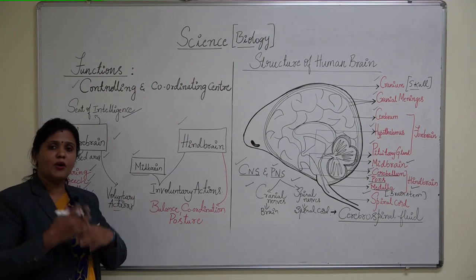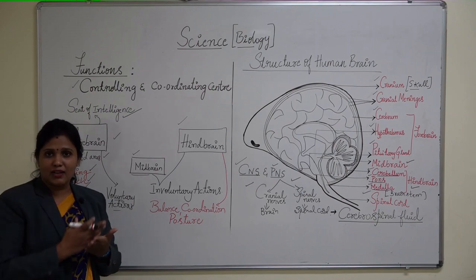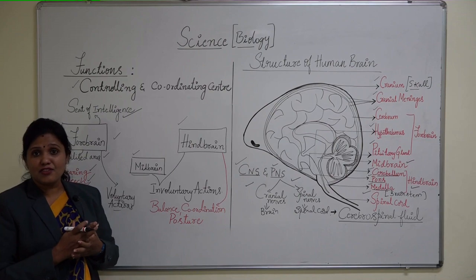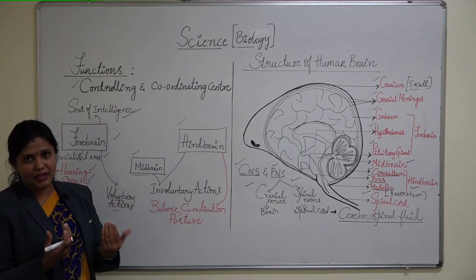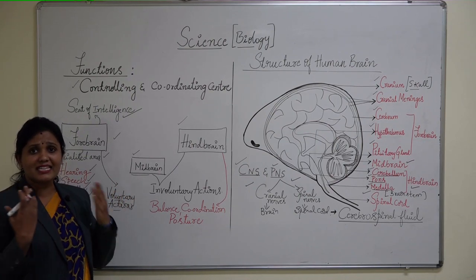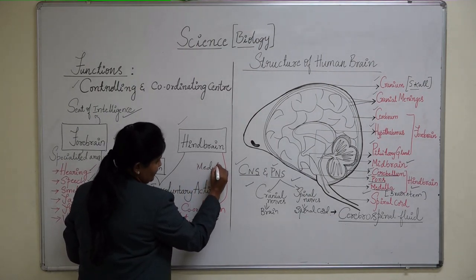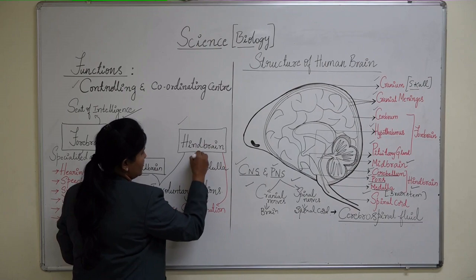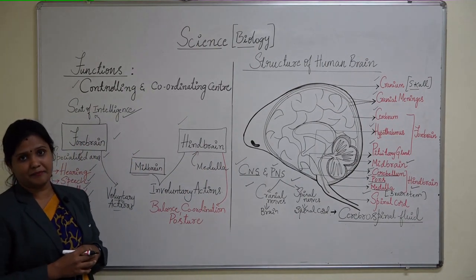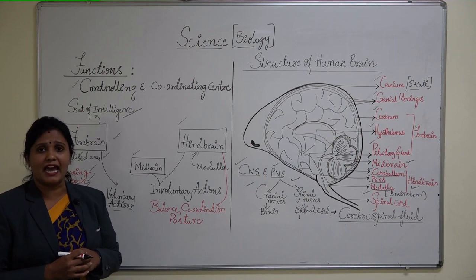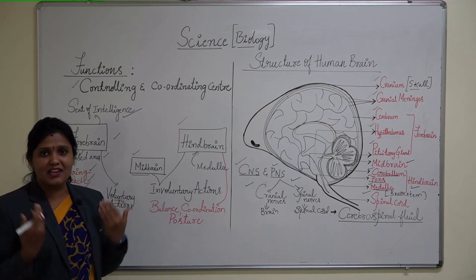Other involuntary actions like regulation of heartbeat, maintenance of blood pressure, digestion, swallowing, salivation and vomiting are under the control of the medulla belonging to the hind brain.